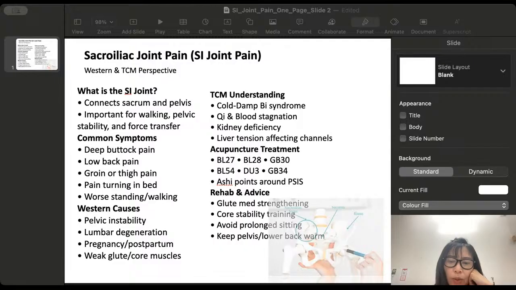When we use needles and the sensation is too strong, some unstable SI joints become worse with repeated forceful adjustment. Another thing is resting too much. It only provides short-term relief, but long-term still creates instability. So it's not that the more you rest, the better.